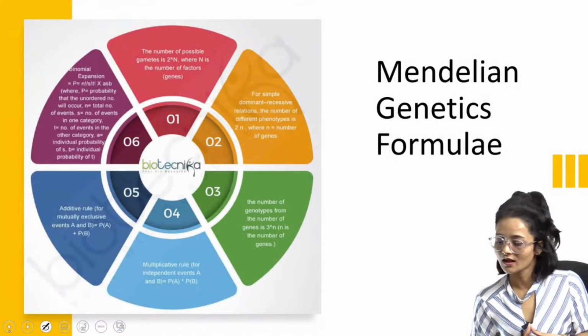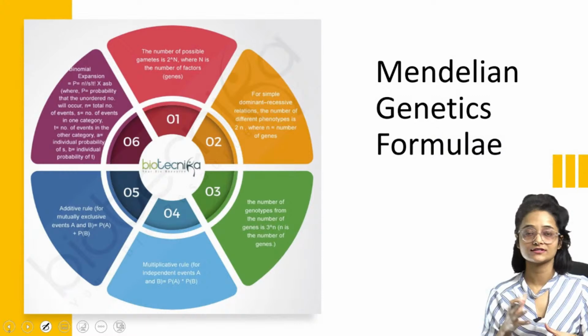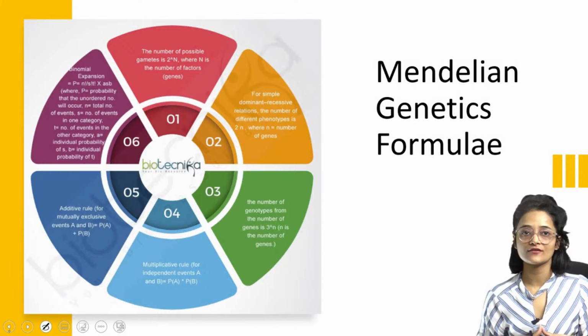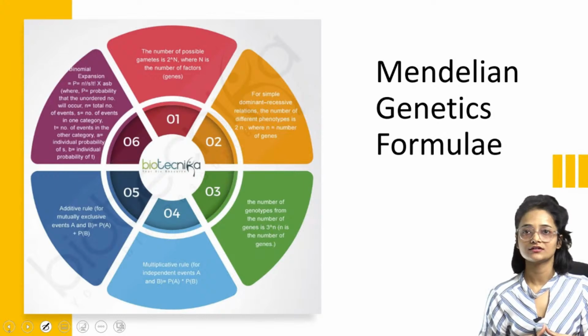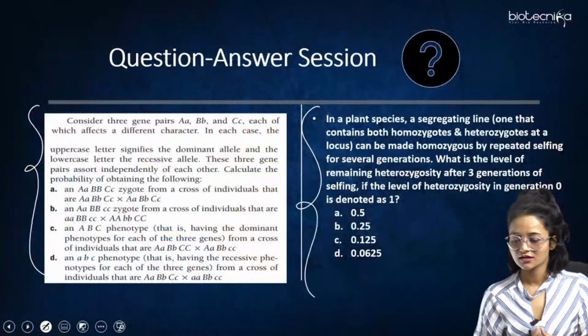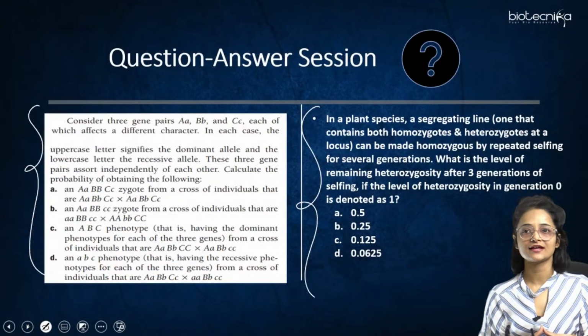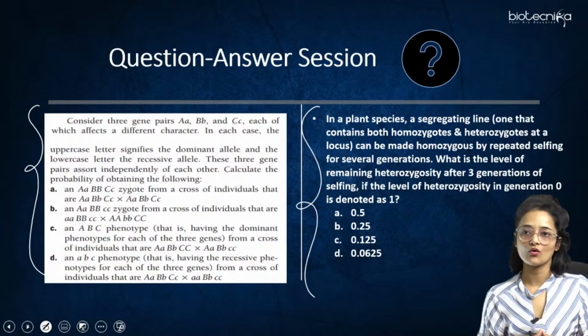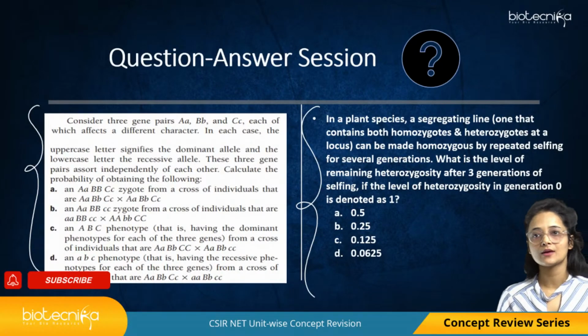Firstly, there would be the addition and multiplication rules that you have to apply, and apart from that, the binomial expansion that you need to know about Mendelian genetics, right? Here are the two questions, and it would be the homework for all of you. I will be coming on Tuesday maybe, then we'll be discussing both of these questions, right?